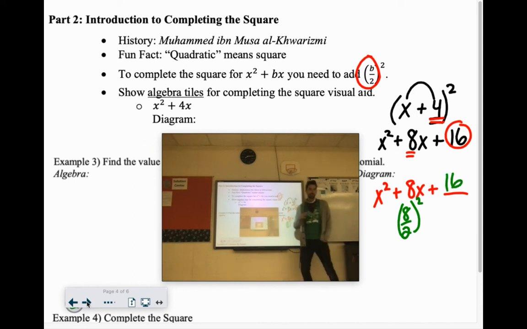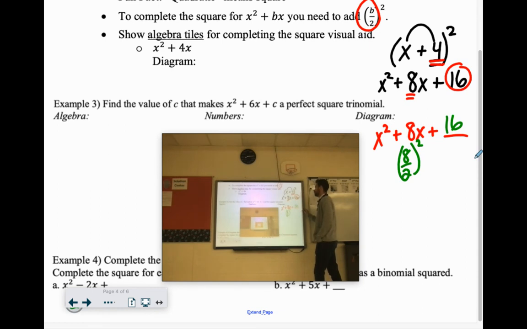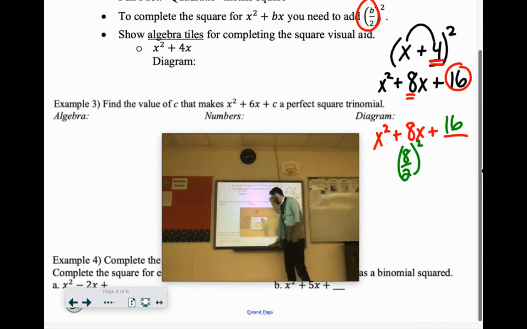That's the basic idea of completing the square, which we're really going to do more of tomorrow, but let's practice some stuff. So find the value of c that makes this a perfect square trinomial.